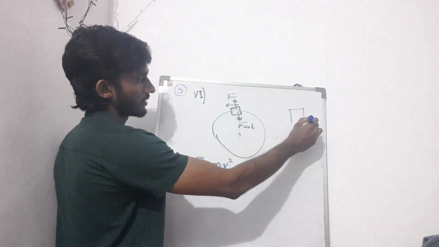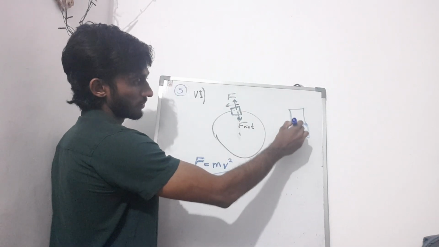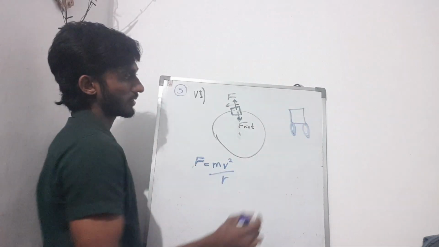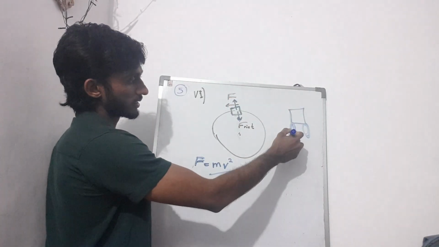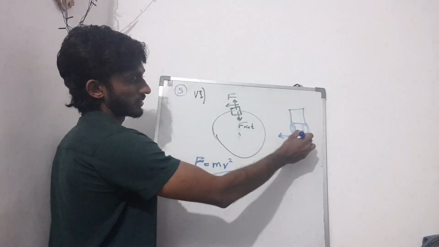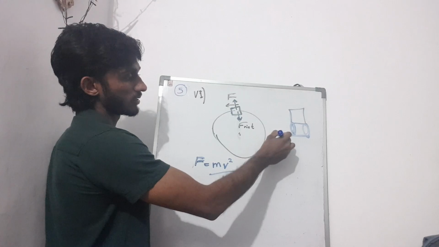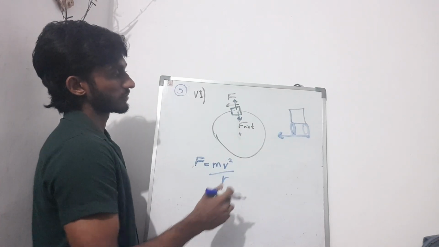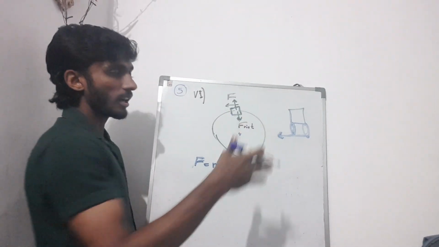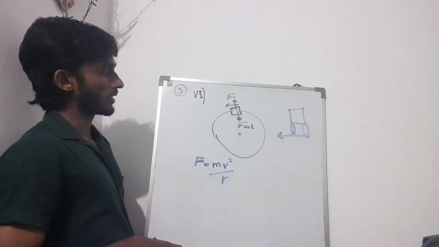Then, this is the rear view of the car, and the car is going in this direction. The force is applied by the tires toward the center. Only then can the car move in the circular path.